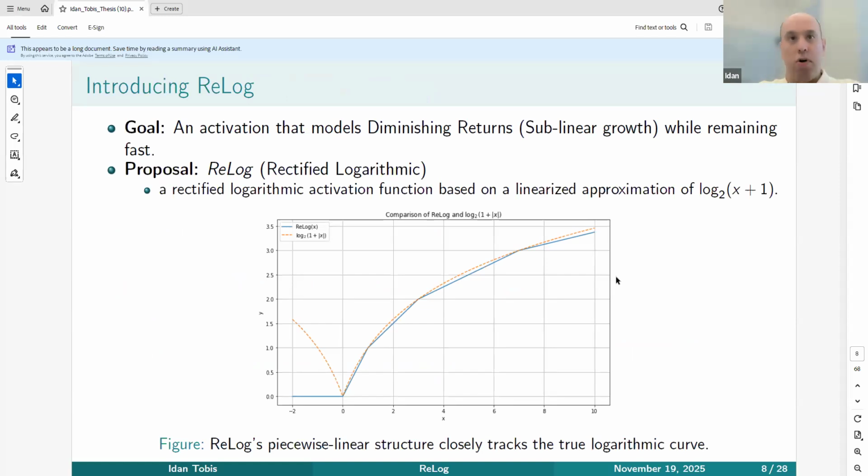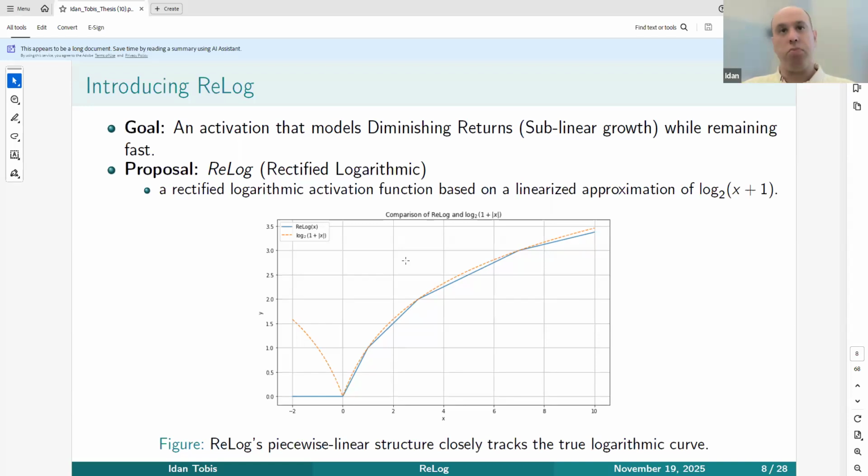function. Of course, we would like to add 1 to the input in this case, because we don't want to go to negative infinity. We want 0 to stay 0. However, we want to rectify it to keep it fast. So instead of using the original logarithmic function, we want to rectify it into a series of piecewise linear functions with diminishing returns.